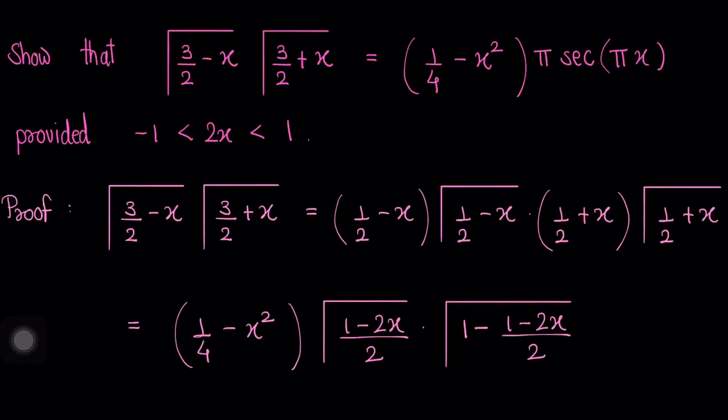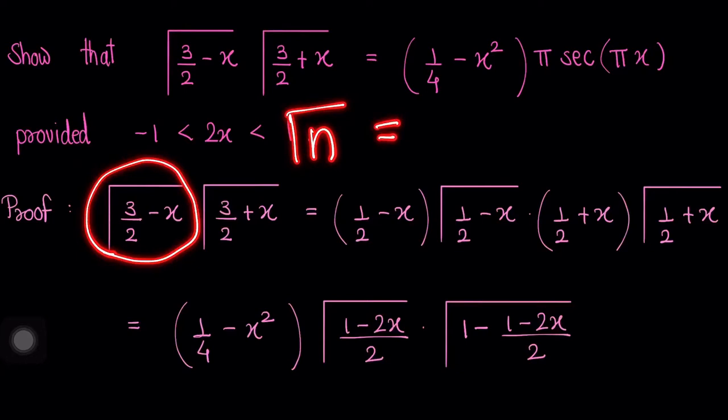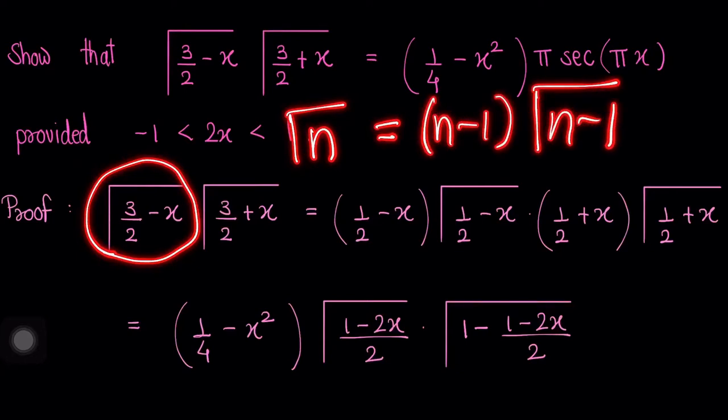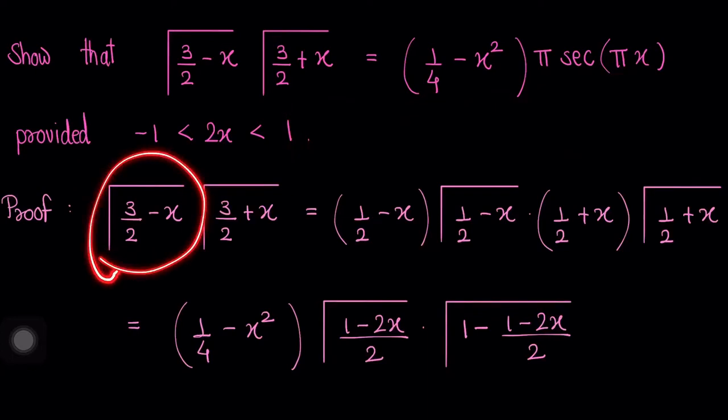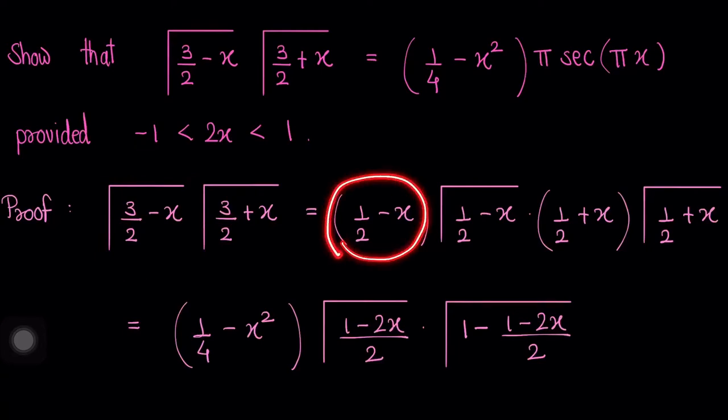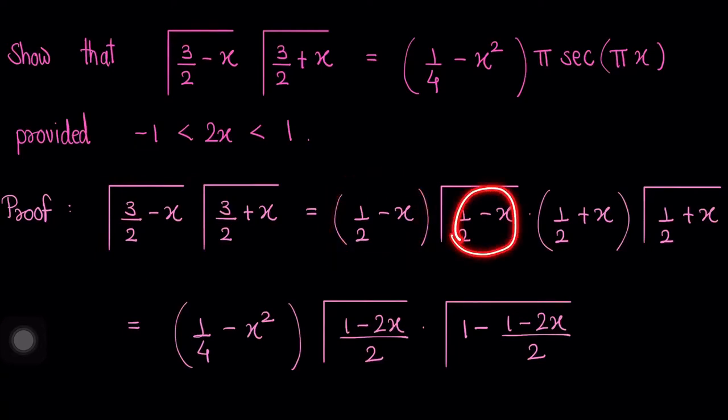Now this gamma of (3 by 2 minus x), if we use the same formula, that is gamma n equal to (n minus 1) gamma (n minus 1), can be written as (1 by 2 minus x) gamma of (1 by 2 minus x).